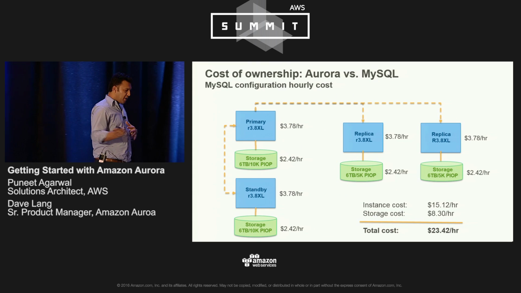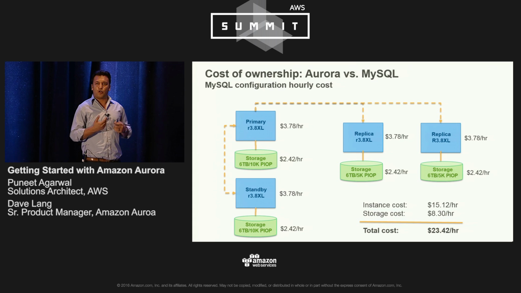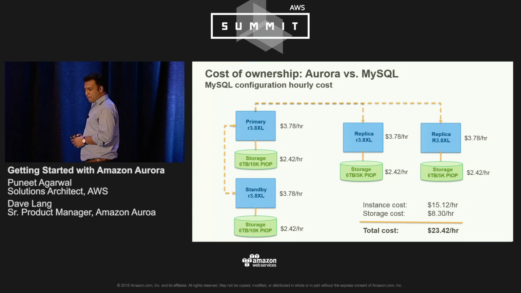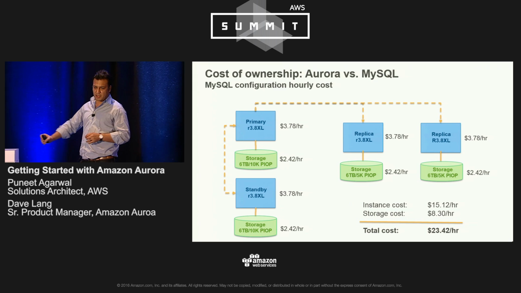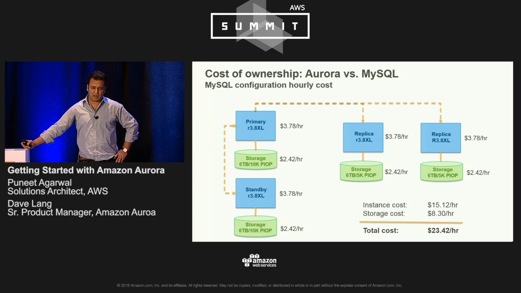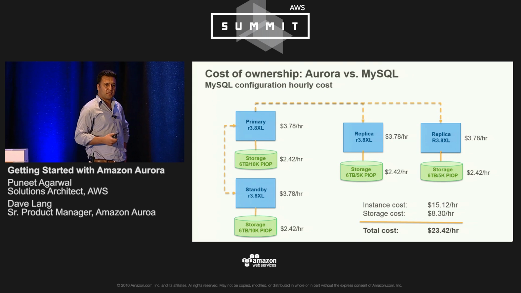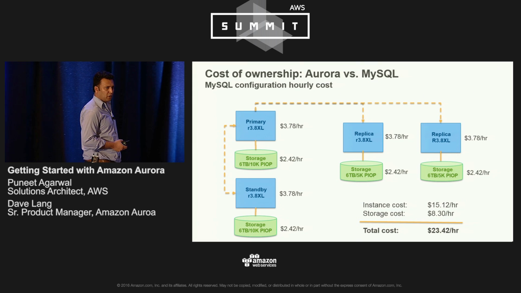But I think Dave alluded to this before. And to a lot of our customers, it comes as a surprise that Aurora can save them money over RDS MySQL itself. Let's take a look at an example and see how that works. So this is an example of an RDS MySQL configuration running in production.